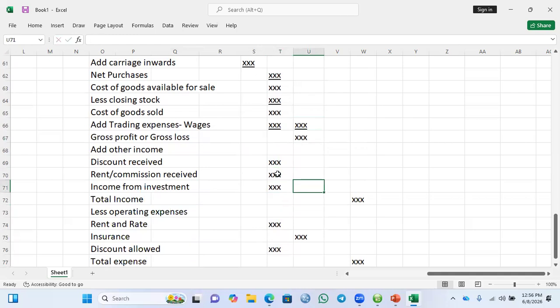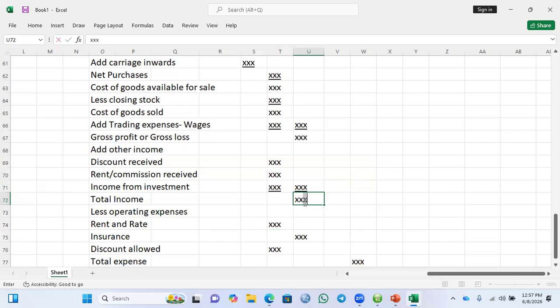Okay. You get your total. So you get your total income, then you less the expenses. That's the point I'm making.